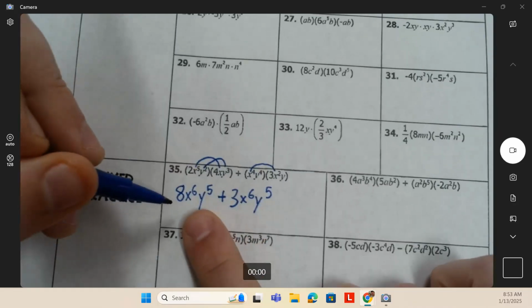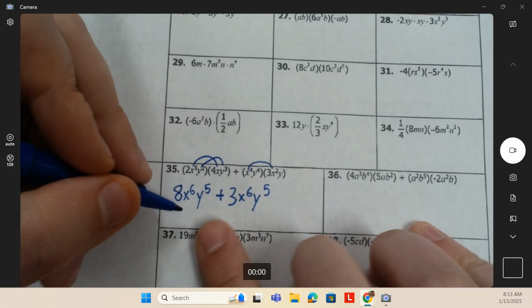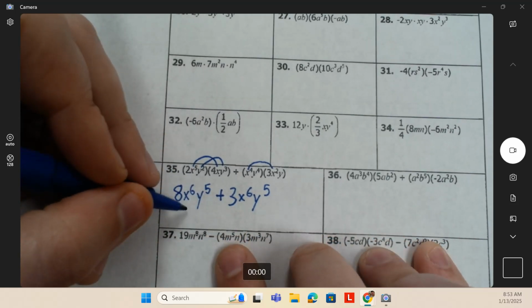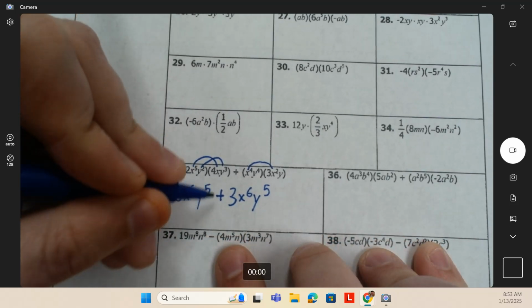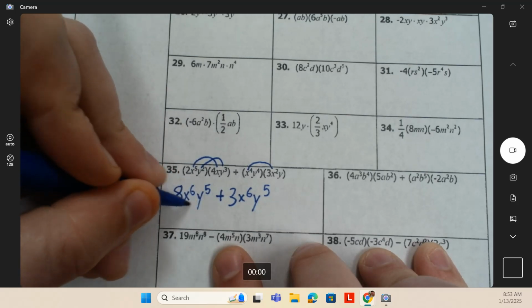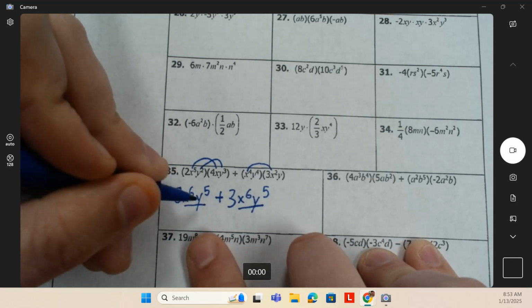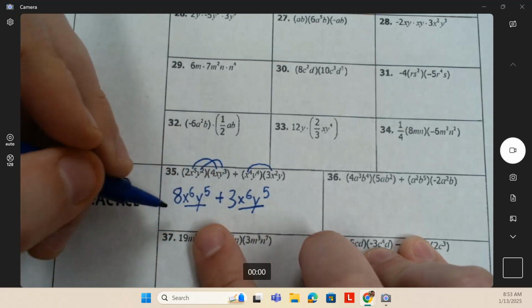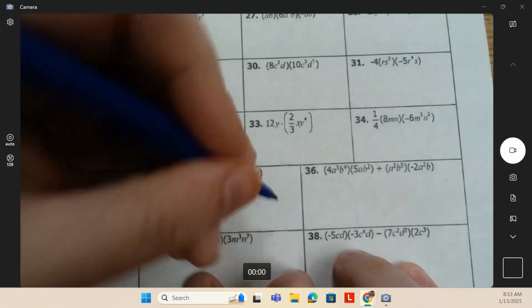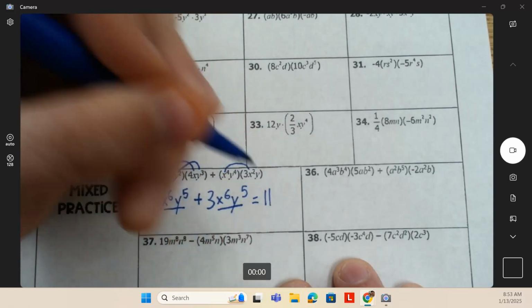So I'll notice I now have terms where I can add together. When I'm adding or subtracting, remember we're checking all of the variables and exponents to make sure they're the same. Everything on the back is the same, 6 x's and 5 y's. One of them's an 8, one of them's a 3. They just add together. 8 plus 3 gives me 11.